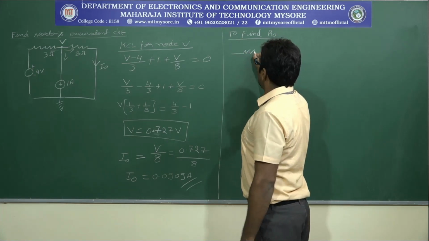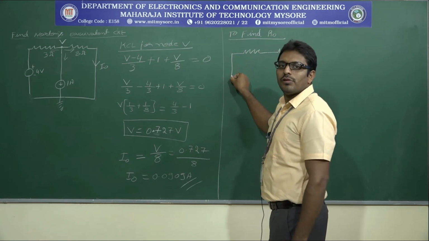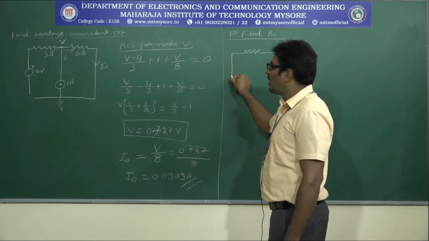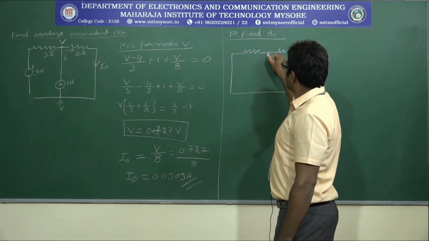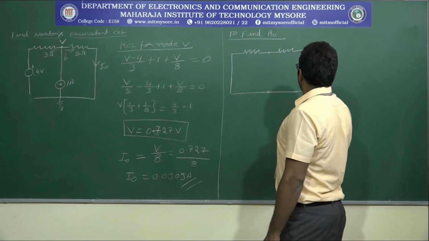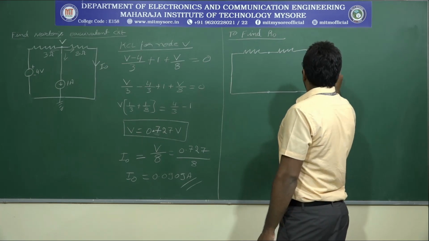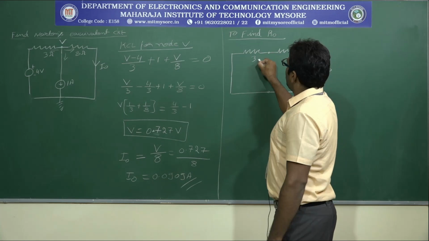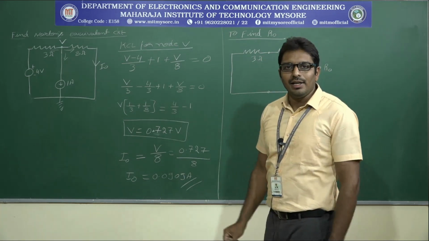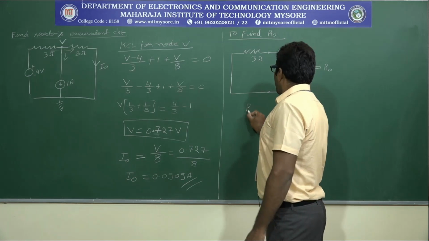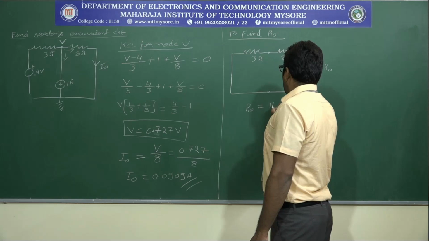I am directly writing the circuit. 3, 8, the 4 volt voltage source is replaced by a short circuit and the 1 ampere current source is replaced by an open circuit. So these two are the load terminals. Therefore, R naught is equal to 3 ohm, 8 ohm. These 3 ohm and 8 ohm are connected in series. Therefore, the effective resistance is equal to 8 plus 3, 11 ohms.